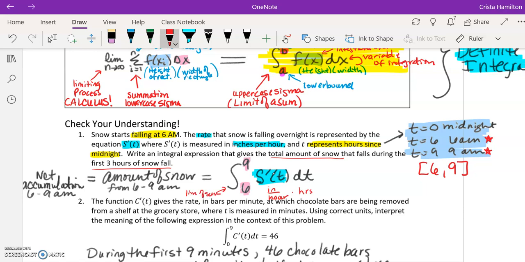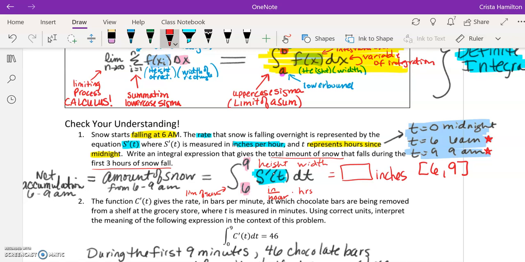So we are summing up basically the height of the rate function, the height of the velocity curve, times the width, and that is going to give us a total unit in inches, because this is the sum of the area, which is inches per hour, times hours, which is inches. So whatever this equals when we calculate it out, the units of this would be inches.